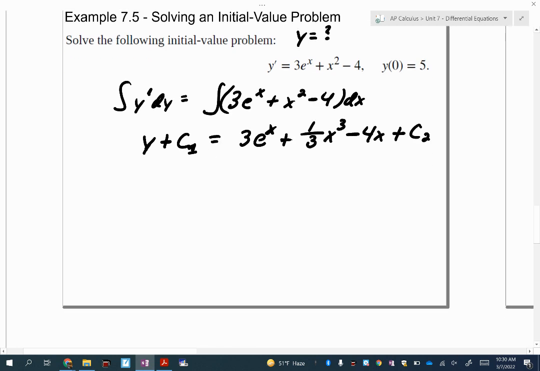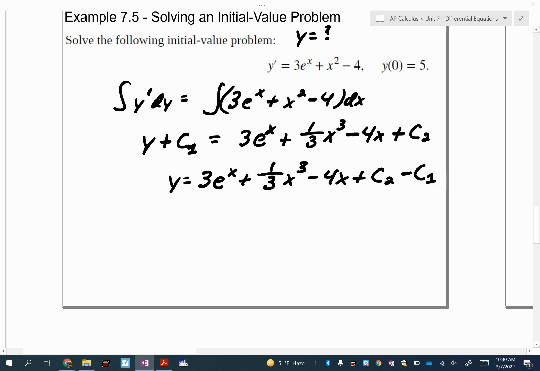Now I'm going to move this constant over and write y equals 3e to the power of x plus 1/3 x cubed minus 4x plus c with my subscript 2 and then minus c subscript 1.